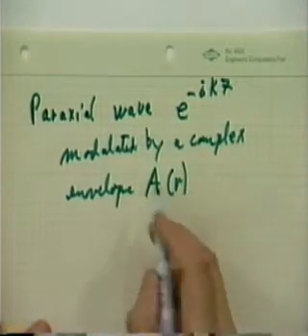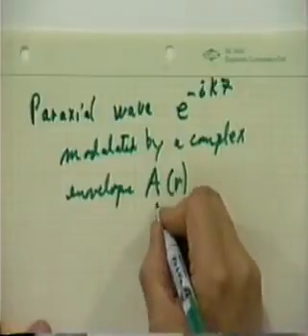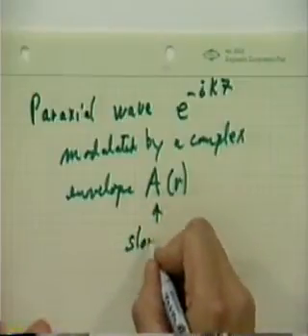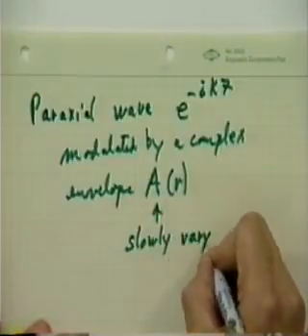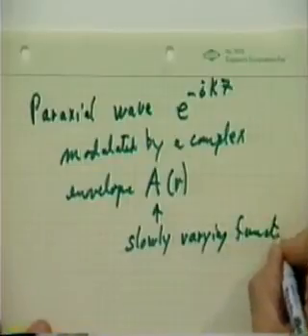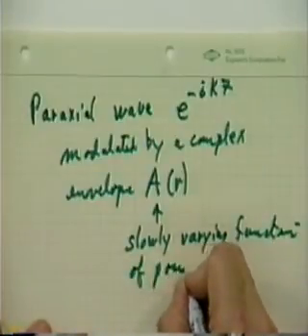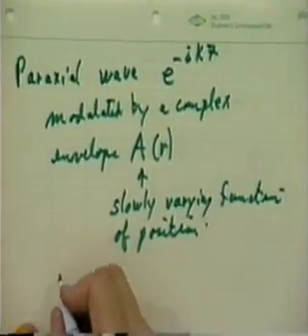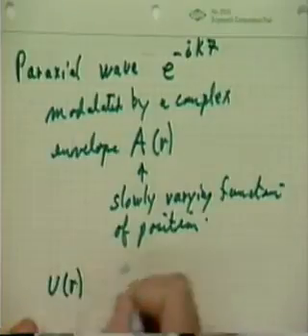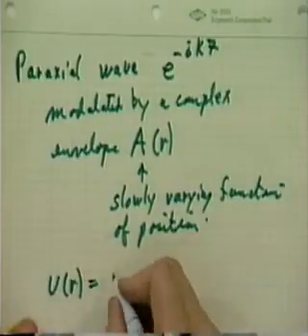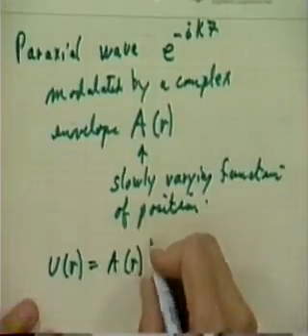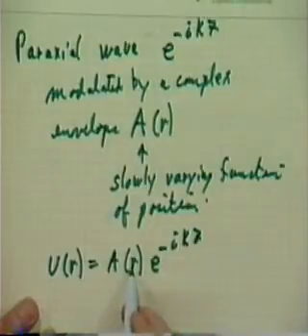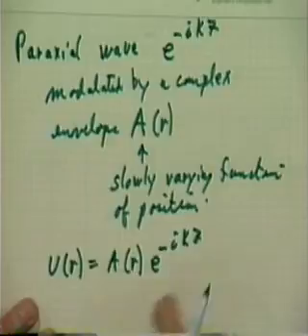And A of r is going to be a slowly varying function of position. So we're going to write this complex amplitude, U of r, as A of r e to the minus i kz. And so this is going to be slowly varying as we propagate along.